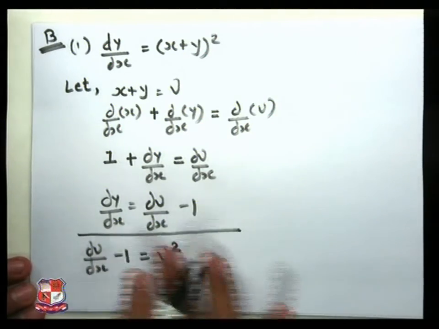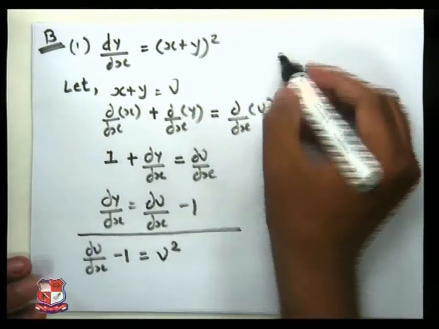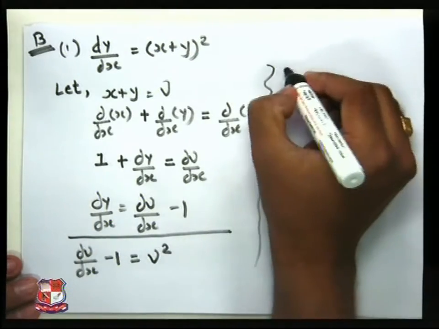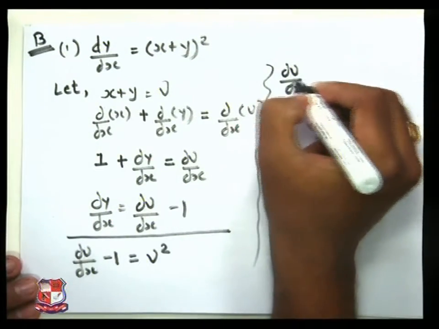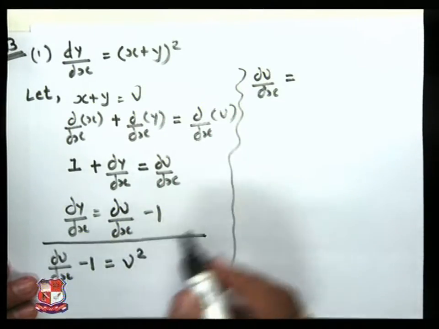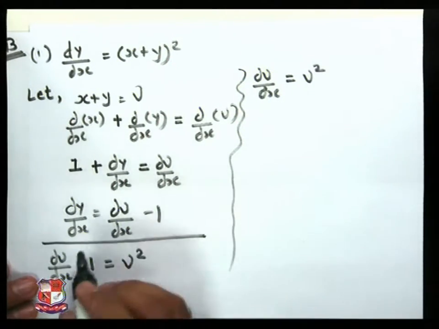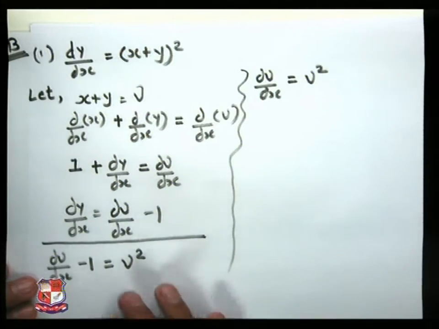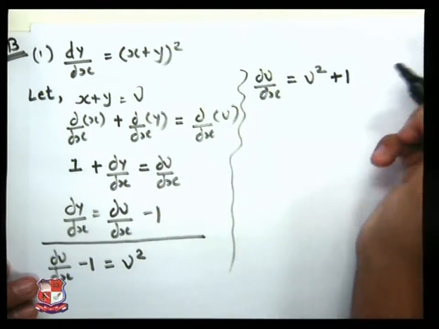Now we arrange this equation. So dv by dx is equal to v square plus 1, moving minus 1 from the left hand side to the right hand side, that becomes plus 1.